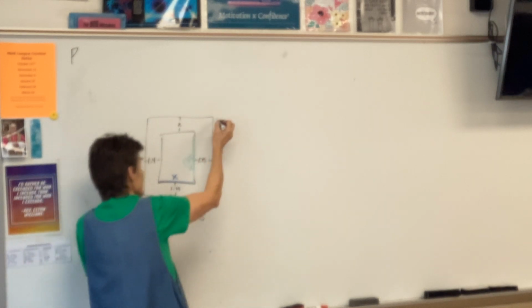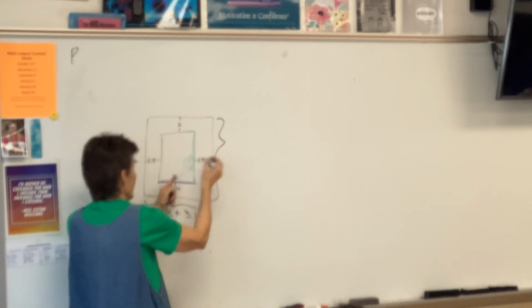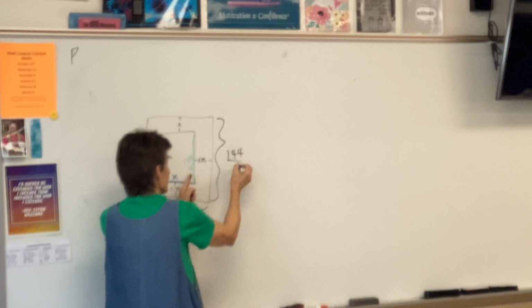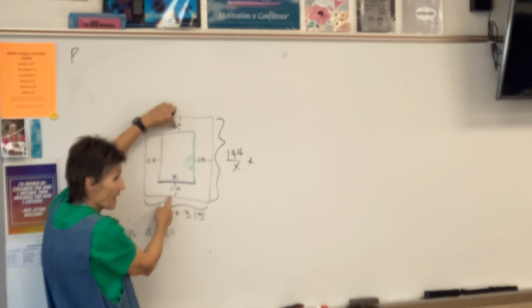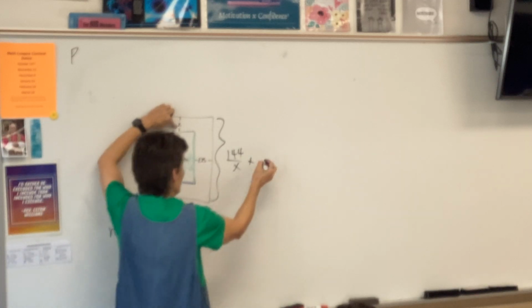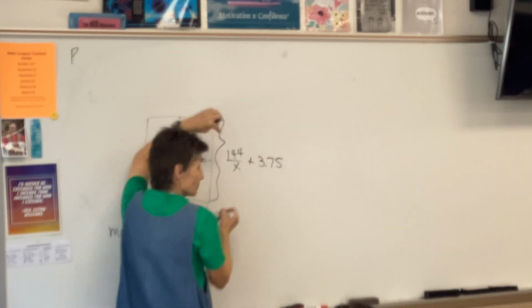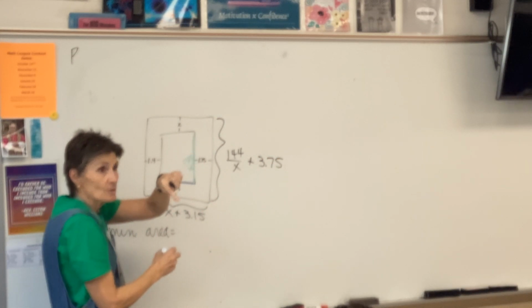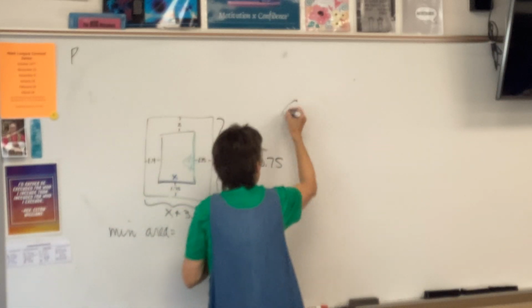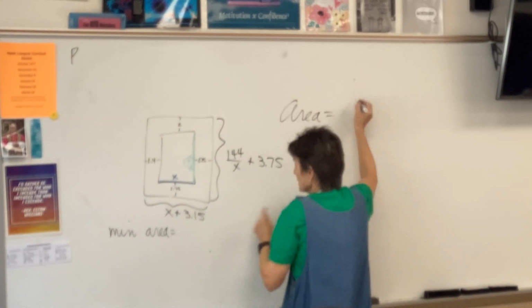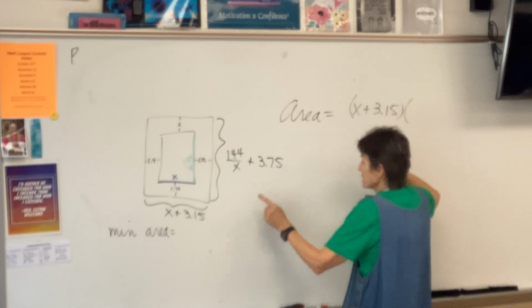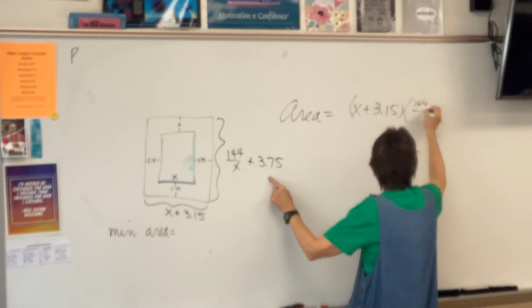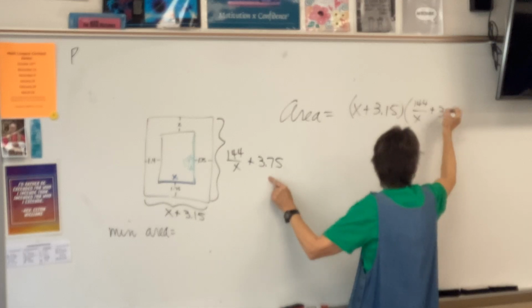Now, what about this whole thing? Well, it's 144 over X, but it got added 3.75. So would you agree that our area is X plus 3.15 times 144 over X plus 3.75?